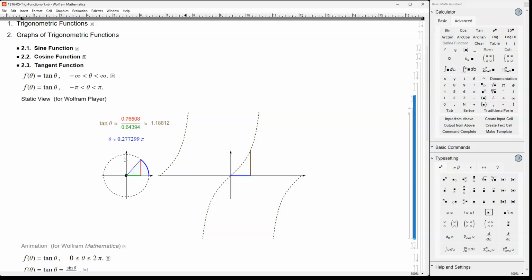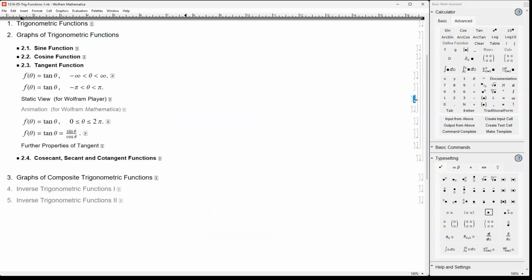And once you cross and go to the second quadrant, it is still very high in terms of magnitude, but the tangent value is negative because cosine is negative from that point on. So we have the split, and we have the vertical asymptote starting over.